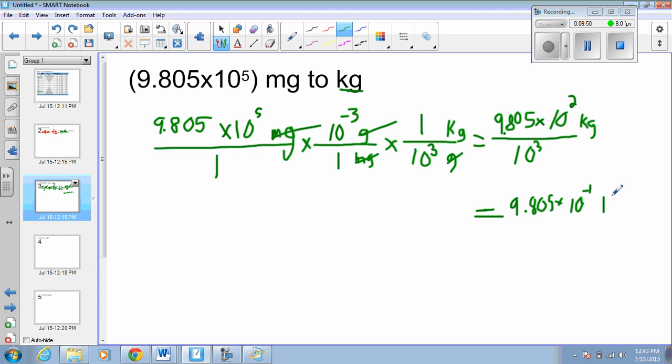My unit is kilograms. And there's my answer. Now, I wouldn't leave this as 10 to the negative 1, because as we know from before, that's not correct scientific notation. We would move the decimal place over, and we'd get 0.9805 kilograms.